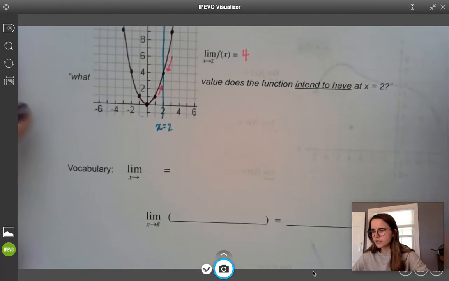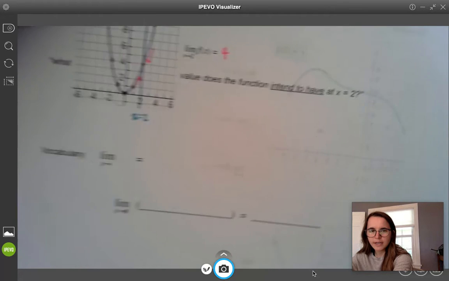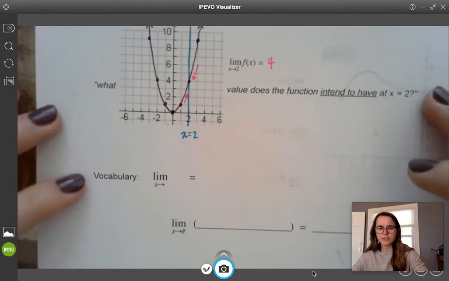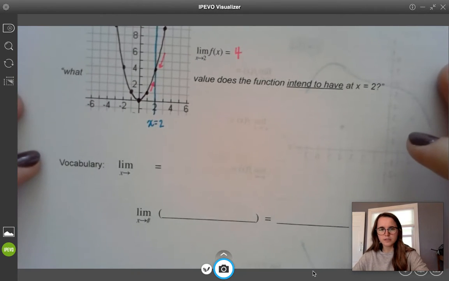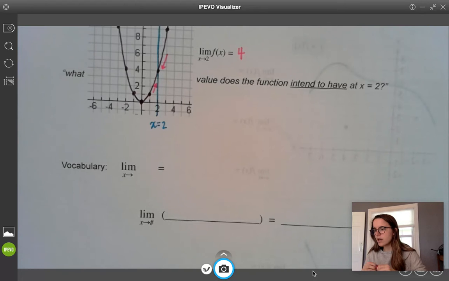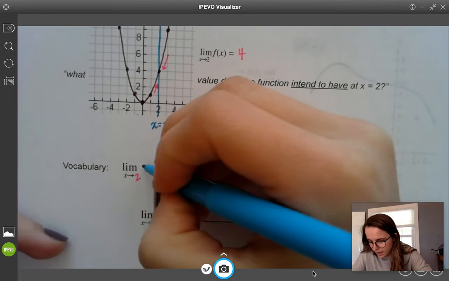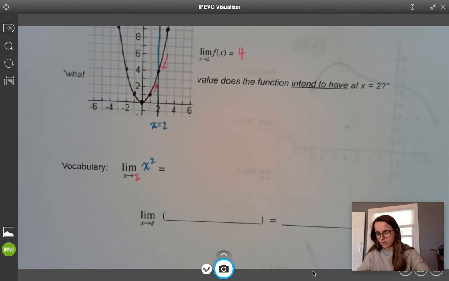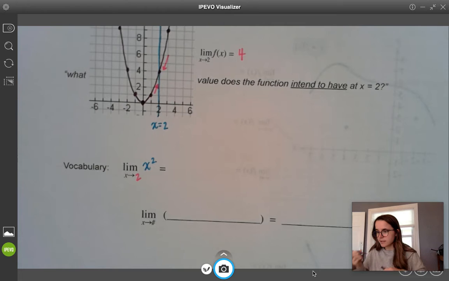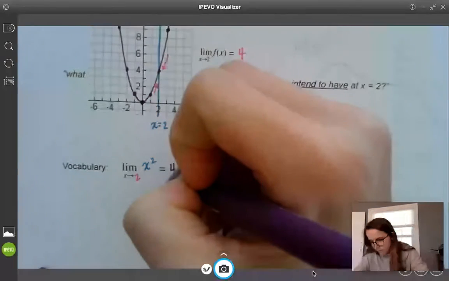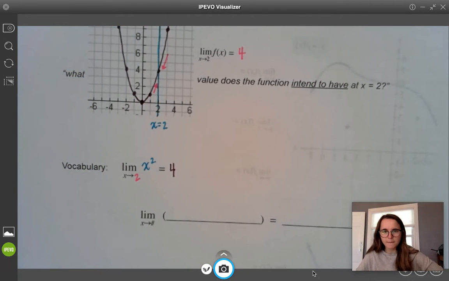Okay, so just some quick vocabulary, or more just definitions as far as what we're going to talk about. So we've got a function. So we have limit as x approaches 2 of x squared equals 4. So I just rewrote the function that was up here.